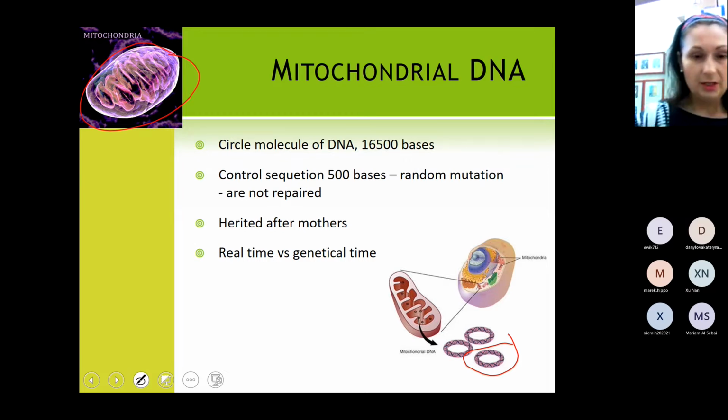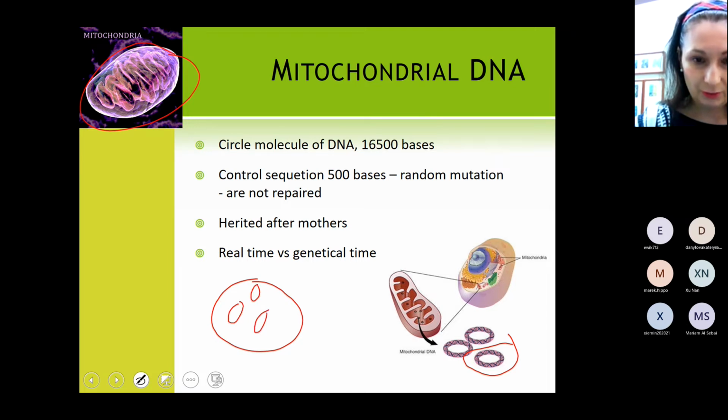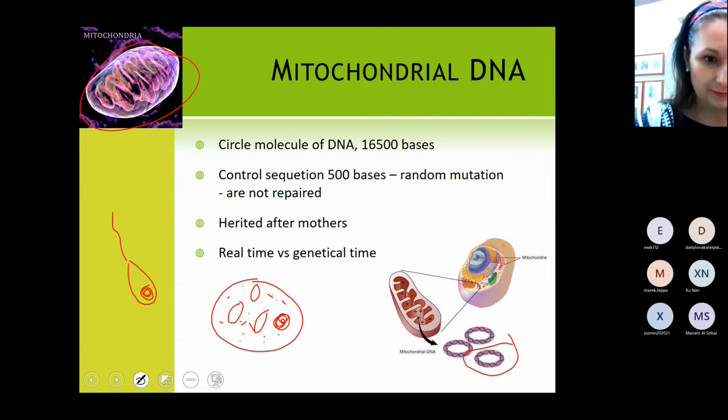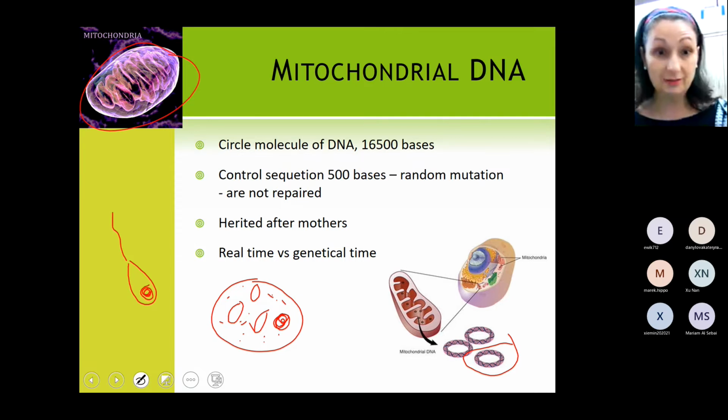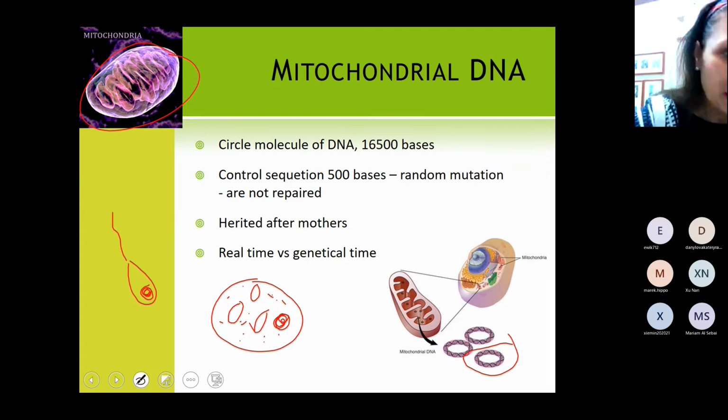How is it possible? The egg contains mitochondria, also a nucleus, and other organelles which are usually present in every cell. However, the spermia has genetic information, nuclear DNA, and here is the neck, which is rich in mitochondria.